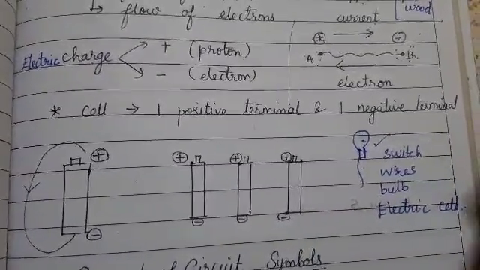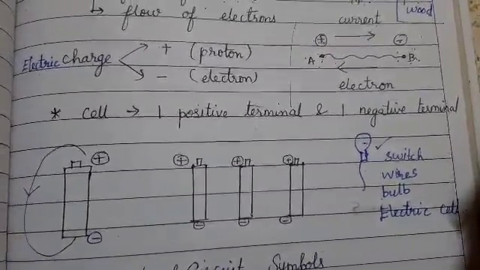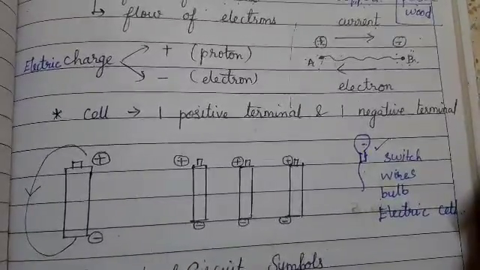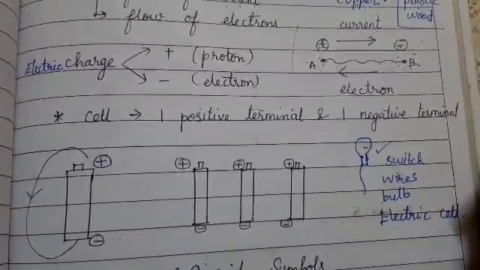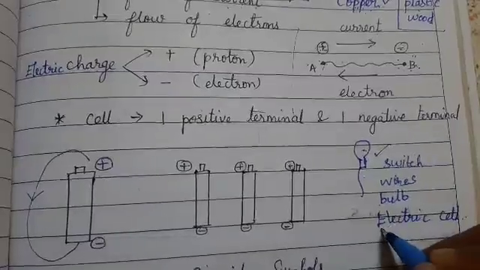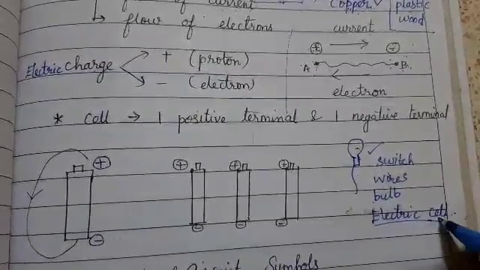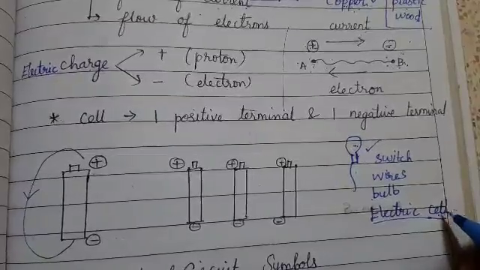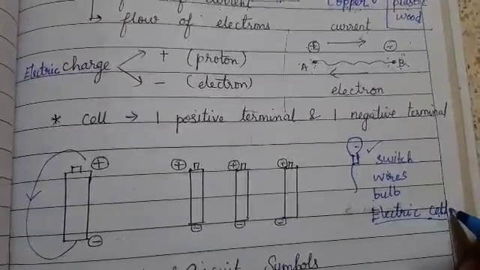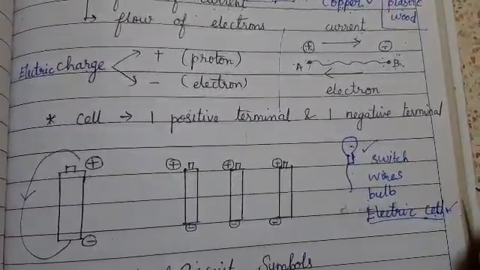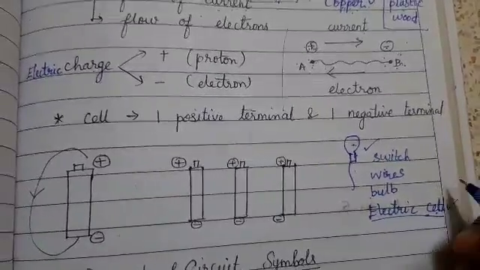Do you have a torch in your home? When you switch on the torchlight, it glows because you have inserted the electric cell inside it. Your TV remote will have the electric cell. Only if the electric cell is in working condition, the remote will operate, right?